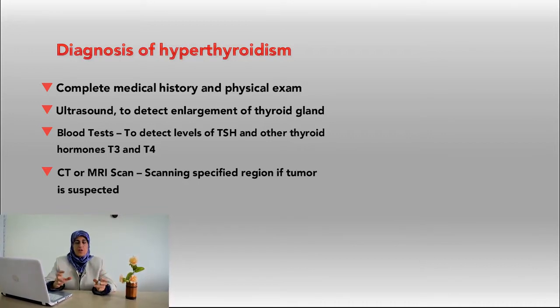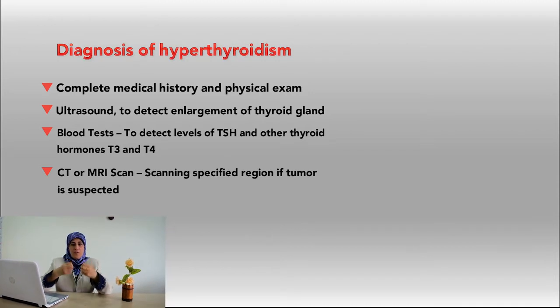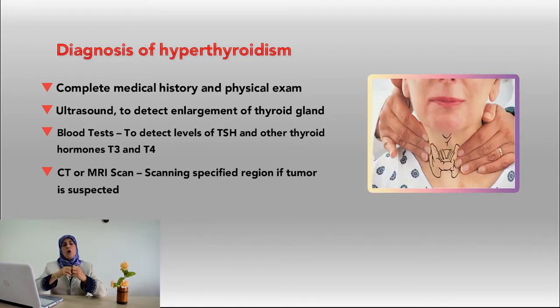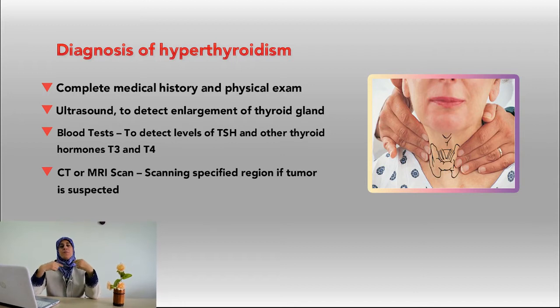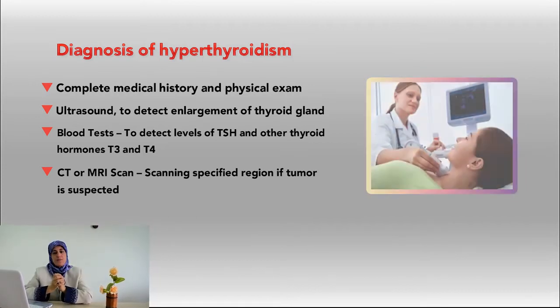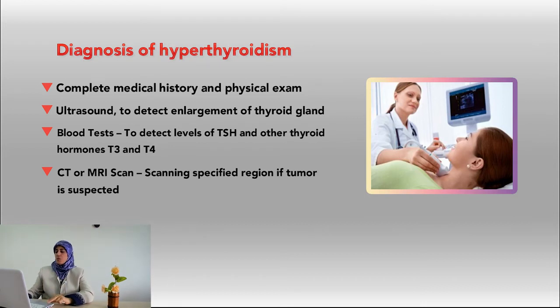The physician or the nurse should take full information about the patient's history or signs and symptoms, or physical exam, because if the patient has a goiter, we can see it and detect it by eye vision. Ultrasound to detect enlargement of the thyroid gland.